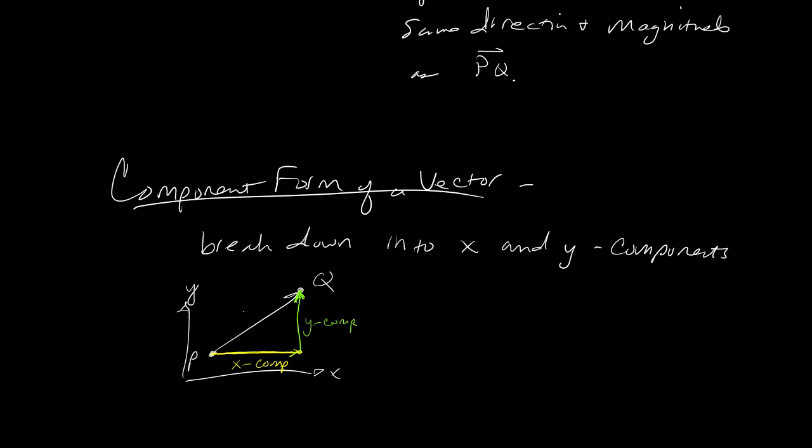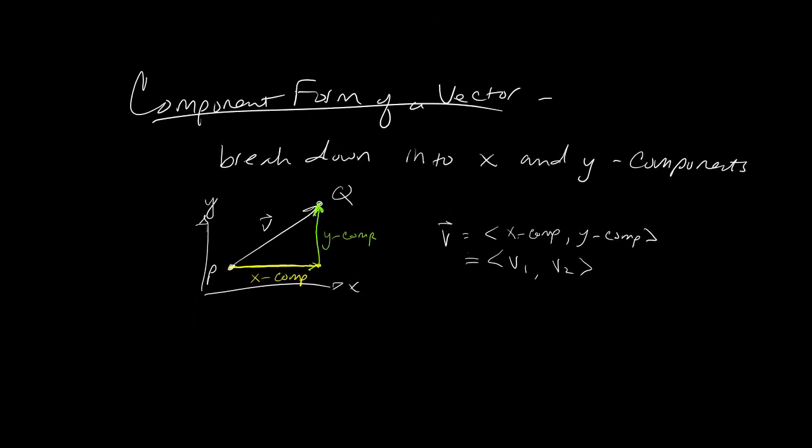So this is vector v, PQ. We would write v equal to, and we're going to use corner brackets here, x component, y component. So we call that v1, v2. The x component is v1, the y component is v2.